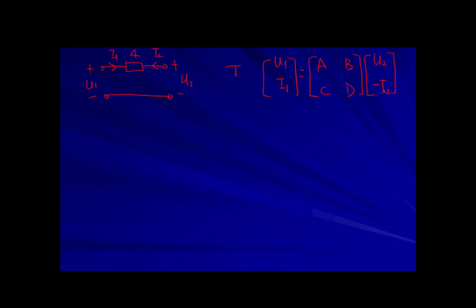First, we assume I2 equals 0. That means open circuit: open the right side and connect a source to the left side. This is U2, this is I1, and this is U1.